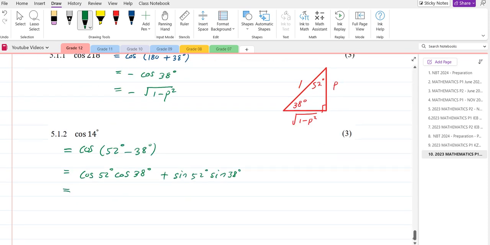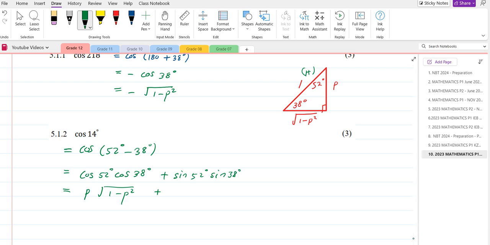Now what is cos of 52? That's adjacent over hypotenuse. Remember the hypotenuse is always here, it can't change. Only the opposite and adjacent change according to the reference angle. So the reference angle is 52. Cos 52 is adjacent over hypotenuse, so just P. Cos 38 is the square root of 1 minus P squared. Right? Sine 52, what is sine of 52?